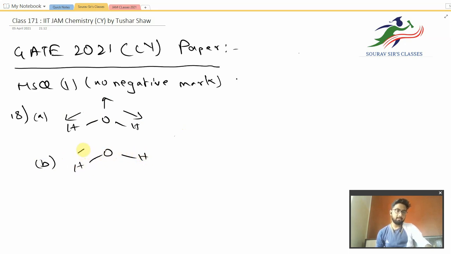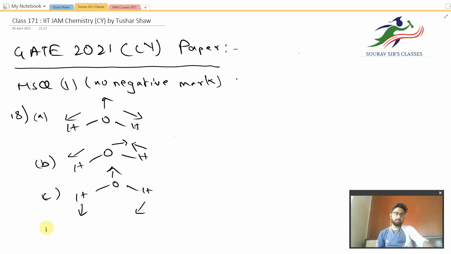Then we have H O H, with the O above and the Hs below. And option D has H O H, where all the three arrows are up.